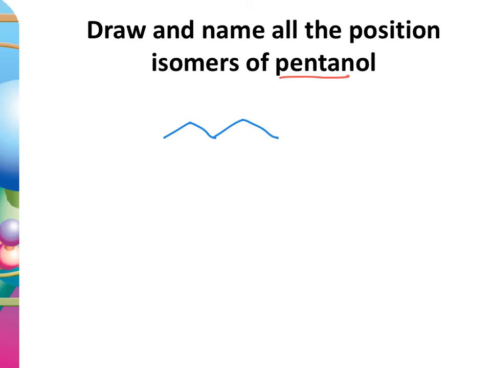So then the question is, where can the OH group go? Well, it could go on the first carbon. It could go on the second. And it could also go on the third.